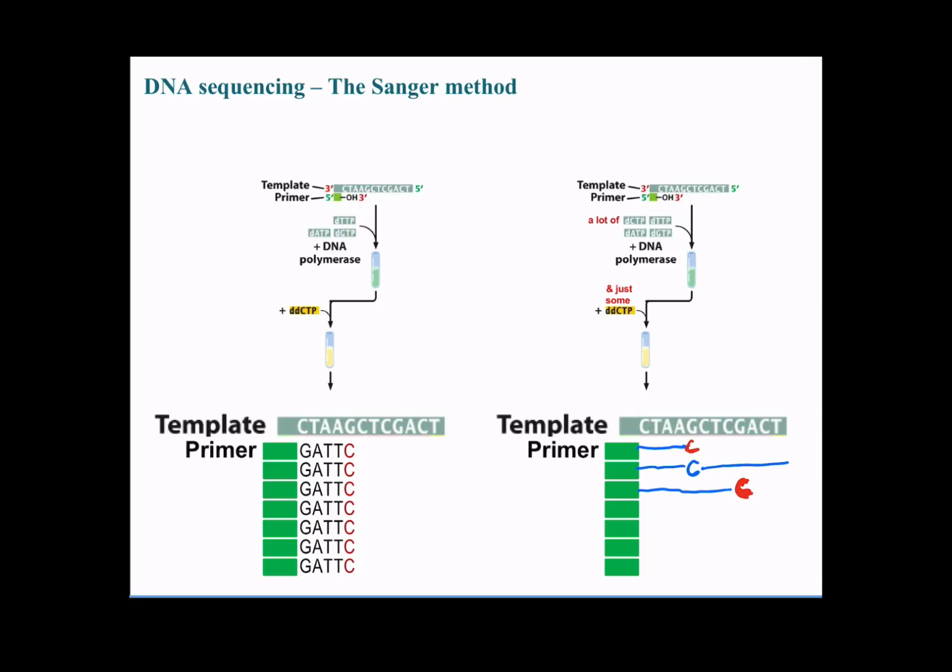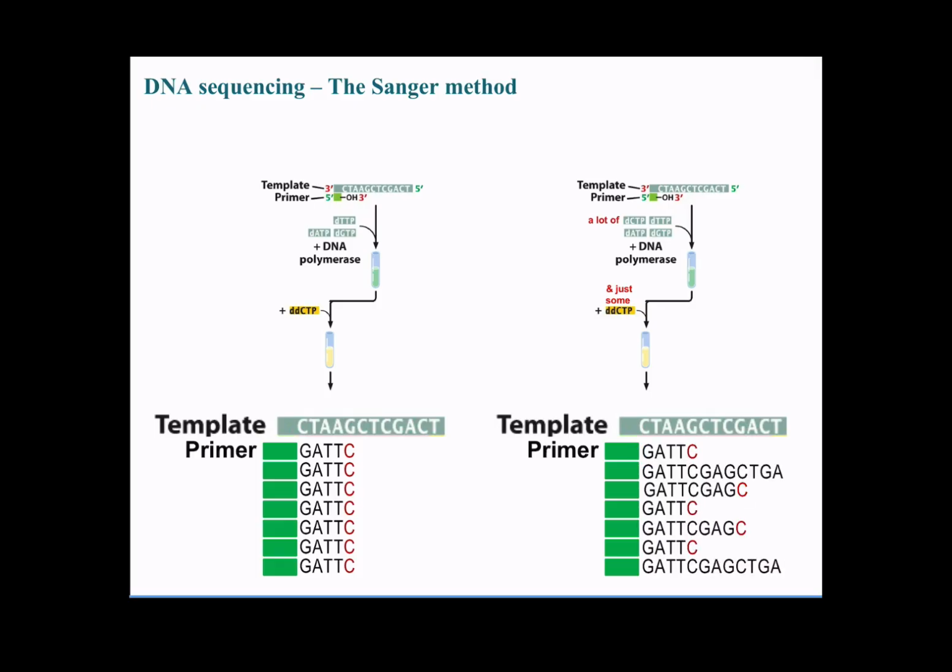So by having just some dideoxy CTP, we're playing the numbers with DNA polymerase. In some cases, DNA polymerase will be able to add a regular C from which synthesis may continue, and in some cases, it may just truncate the elongation reaction.